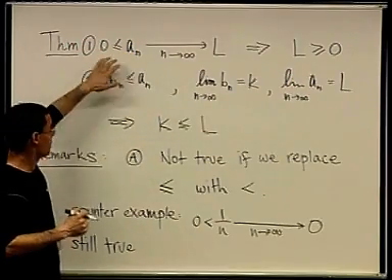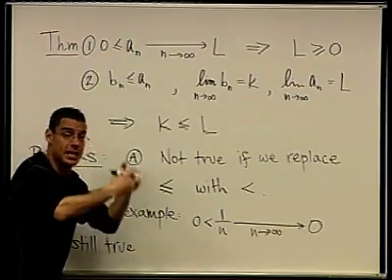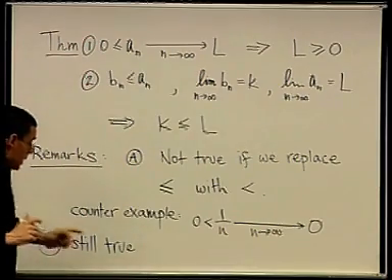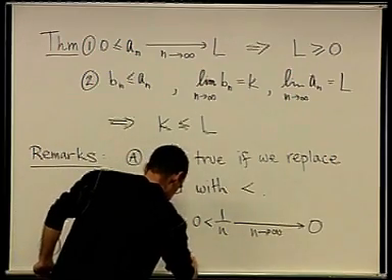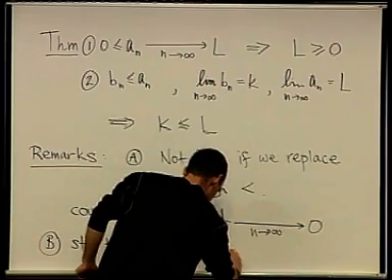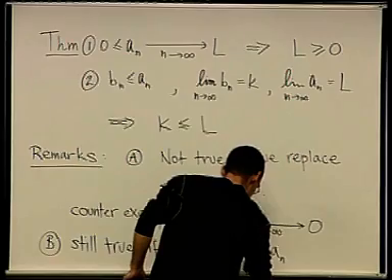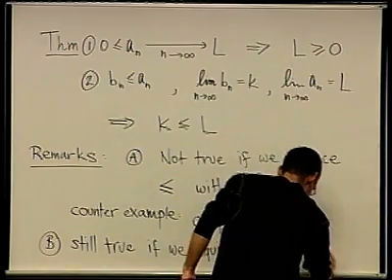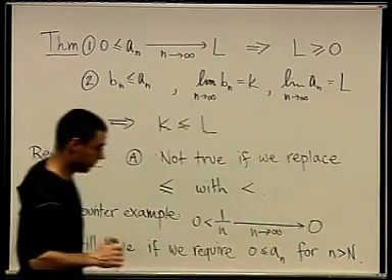So what I mean is, I can require this to hold only from a certain n and onwards. We said that in the previous hour. So they're still true if we require, for example, an greater than or equal to 0, not for any n, but for n greater than some n.